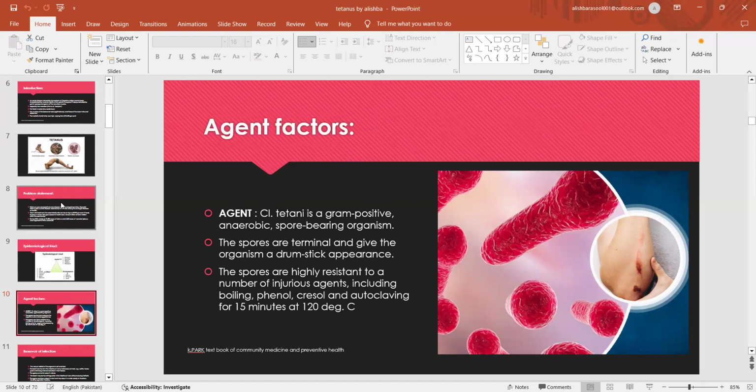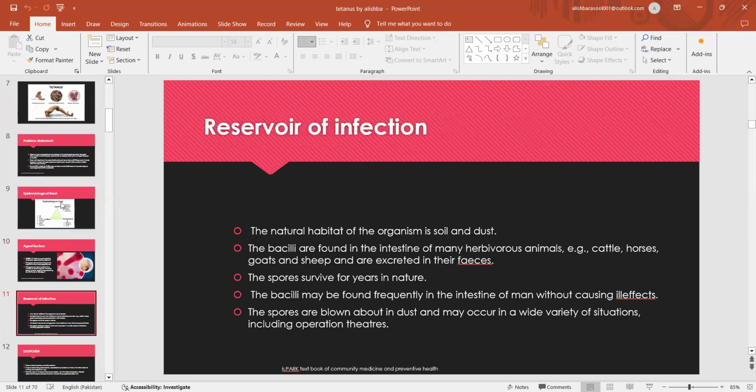The spores are highly resistant to a number of injurious agents, including boiling, phenol, cresol, and autoclaving for 15 minutes at 120 degrees Celsius. Reservoir of infection: the natural habitat of the organism is soil and dust. The bacilli are found in the intestine of many herbivorous animals, cattle, horses, goats, and sheep, and are excreted in their feces.